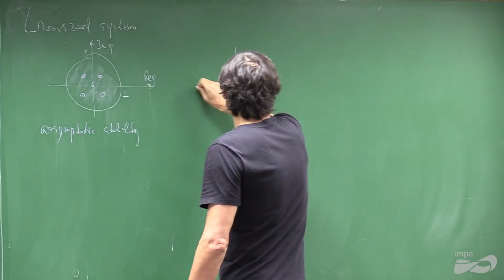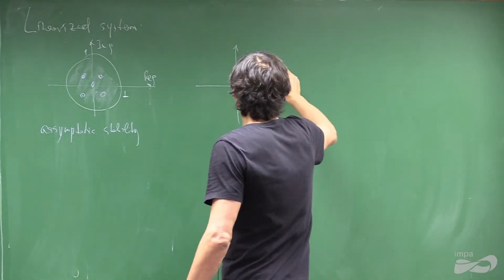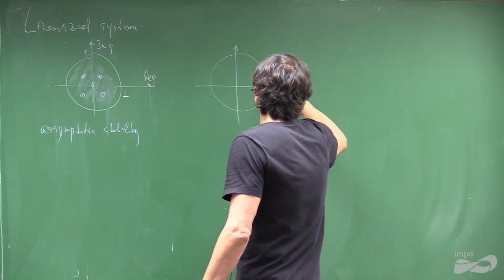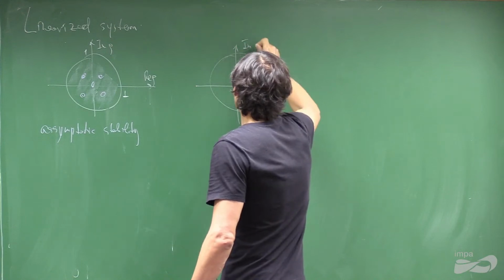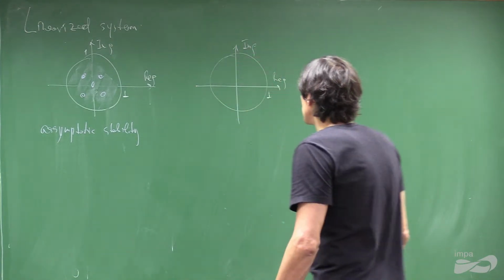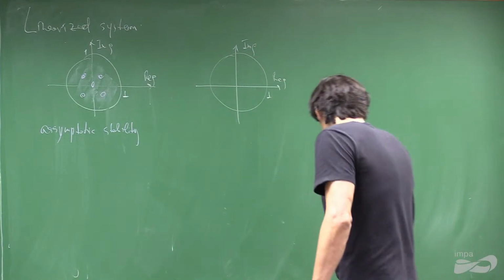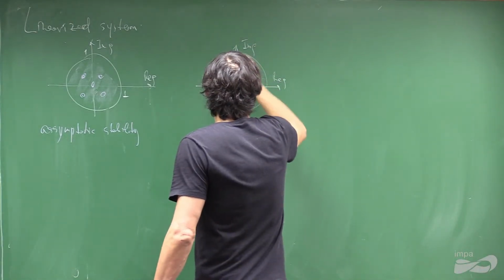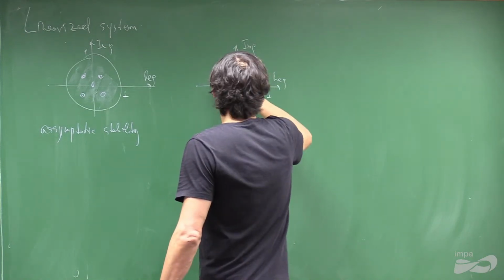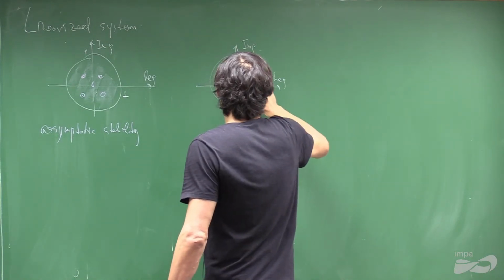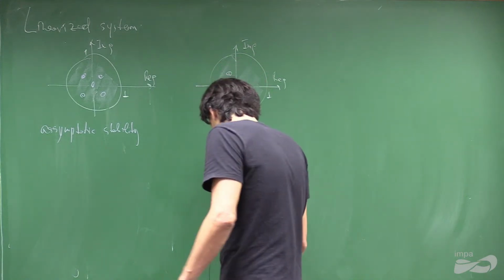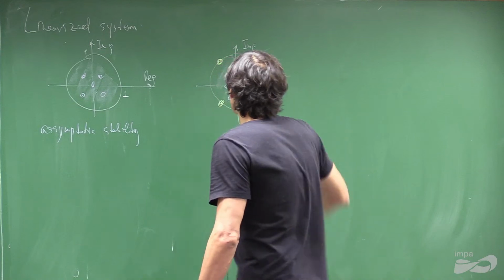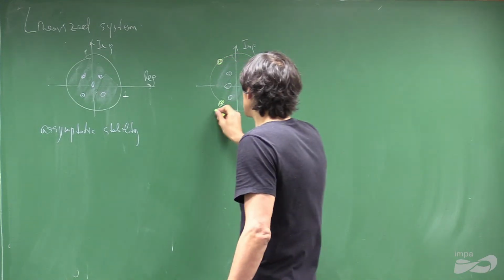Stability which is not asymptotic, when the solution does not necessarily go to the equilibrium, is when everything is inside but some of them are exactly on the unit circle, but semi-simple.